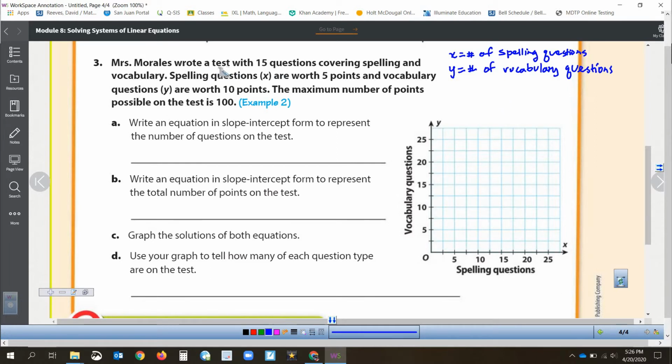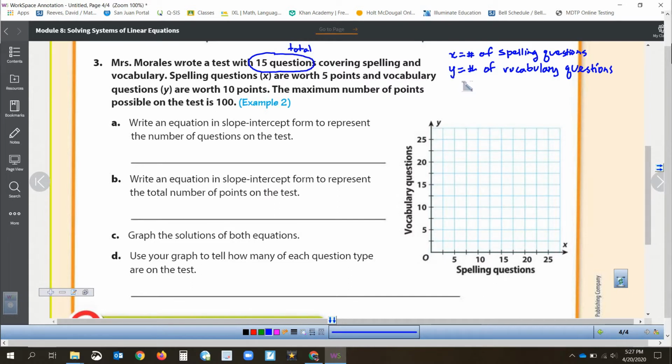So let's take a look. It says she wrote a test with 15 questions. All right, so what does that tell us? That tells us that there was a total of 15 questions. Now, what were those questions made up of? They were made up of questions that covered spelling and questions that covered vocabulary. So the total number of questions is 15. And when we see that word total, it tells us that we're going to add.